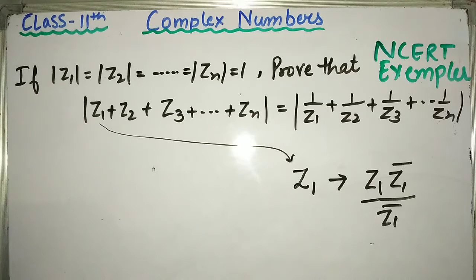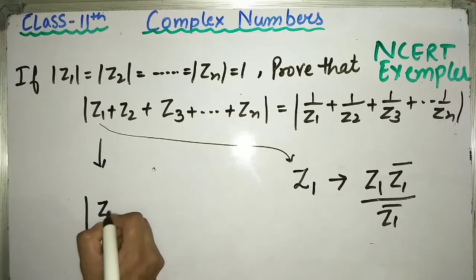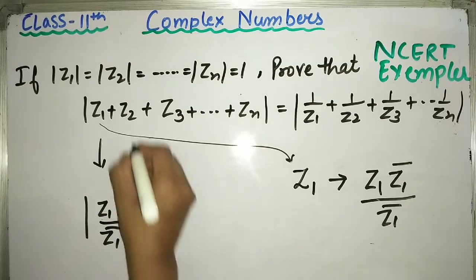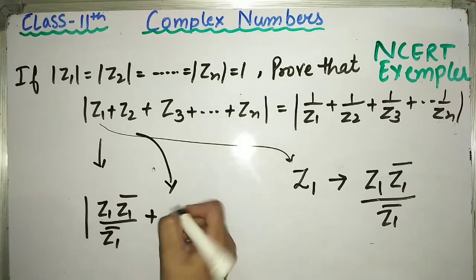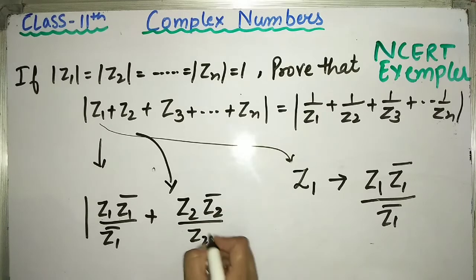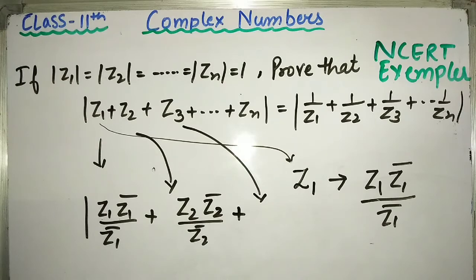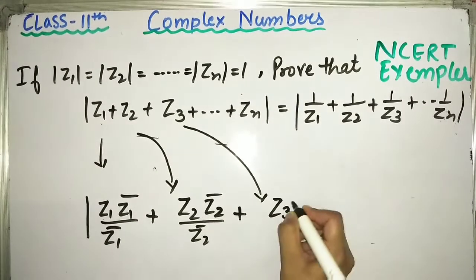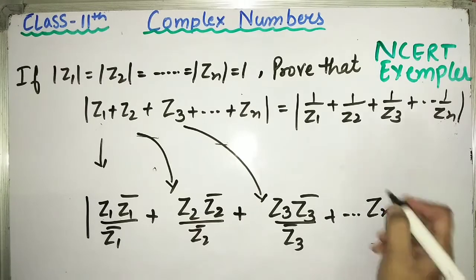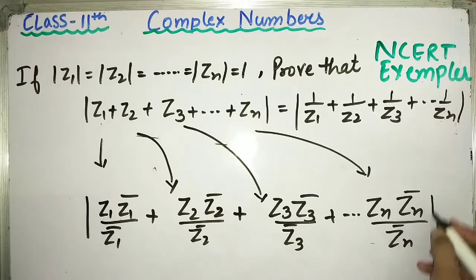Okay, I'm going to replace this Z1 as Z1 bar upon Z1 bar, right? And going to change Z2 as Z2 bar upon Z2 bar. And third one, I am going to change Z3 as Z3 bar upon Z3 bar, and up to so on. Going to change Zn as Zn bar upon Zn bar, right?